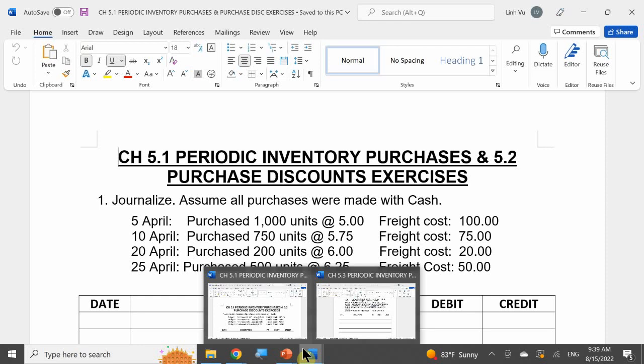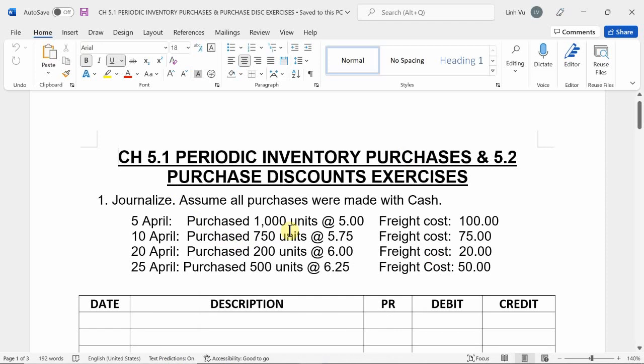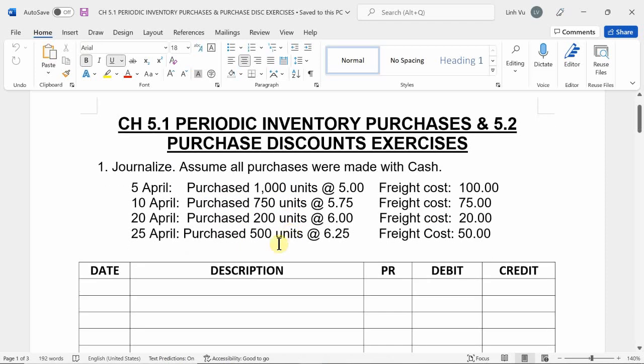All right, let's go ahead and do the 5.1 and the 5.2 exercise here. So we won't be doing 5.2 because of discounts. We'll talk about discounts when we get into the chapter 5 exercise. But in this case, let's just practice journalizing for 5.1.